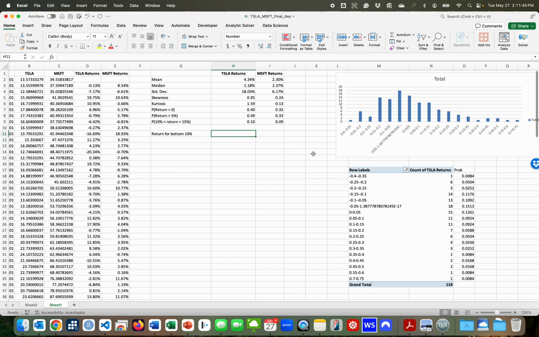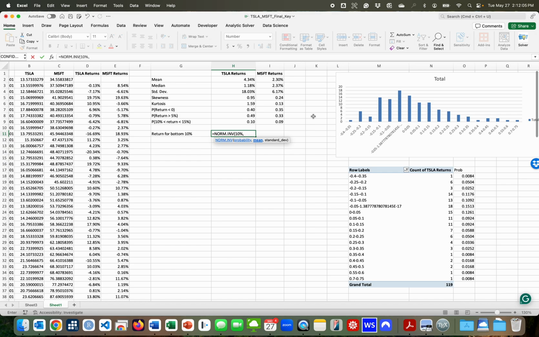So to do this using the norm.inverse function, we're going to do a norm.inverse, and this is where we put 10% for the probability. Technically, we're supposed to put 0.1, but if you do 10%, it will be formatted correctly.